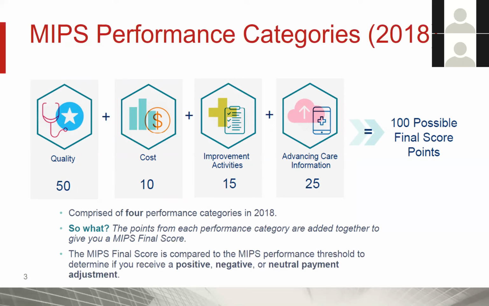As you can see from the slide here, the cost performance category is worth 10 points or 10% of your MIPS overall score. Depending on how well you do across all of the performance categories will depend on whether you are eligible to receive a positive, negative, or neutral payment adjustment to your Medicare Part B professional payments for 2020.